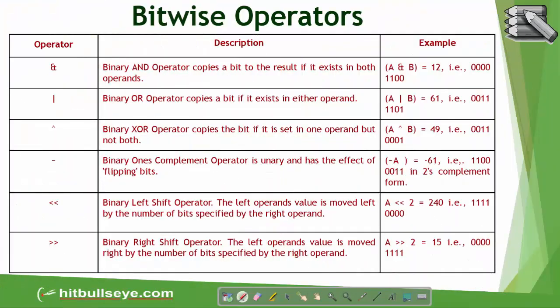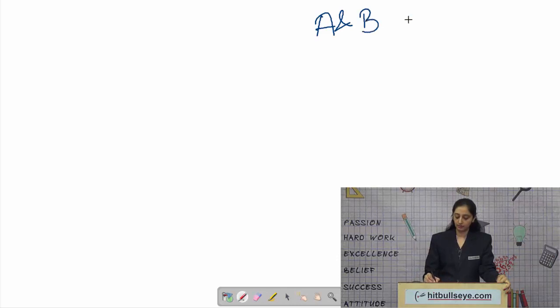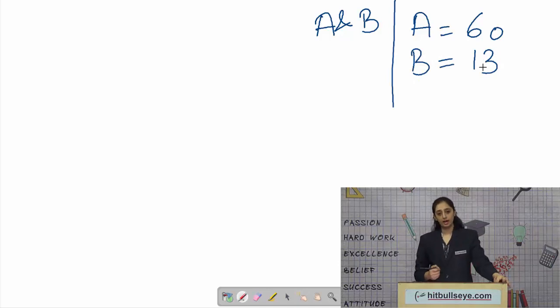Now let's move to the bitwise operators. Here are the AND operator, OR operator, XOR operator, one's complement operator, left shift operator and right shift operator. Let's move to the explanation of these operators. So we can say A and B, right? Here we assume that A has the value 60 and B has the value 13. Now convert these values into binary form.